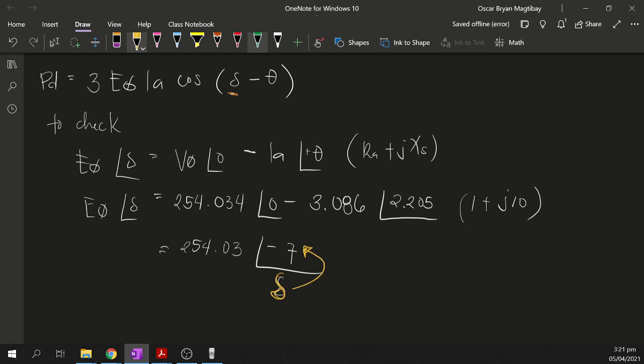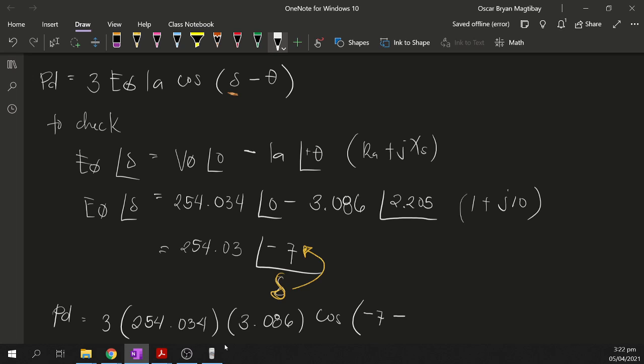Kaya, dito, sa pagsasolve natin ng PD, this is 3 times, anong E-phase natin? 254.034. Kasi magkaparehas sila ng value, di ba? Times IA is 3.086. Cosine, anong sigma na gagamitin ko? The sigma that I'll be using is negative 7, minus the theta that I'll be using is 2.205. Ganyan natin aatakihin yung problem natin.